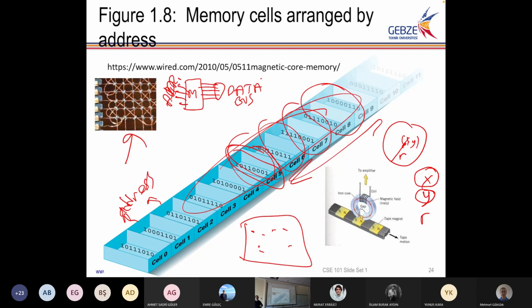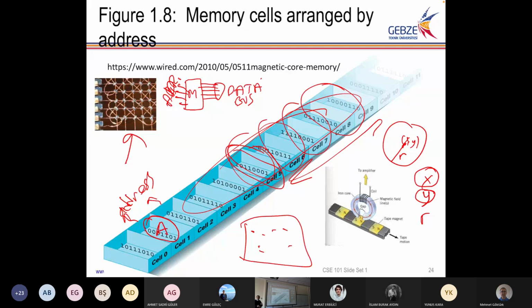So they defined it, and everybody uses it. Each letter has a special binary equivalent. So in each cell, for example this one, letter A is stored. The equivalent of A as a binary number is stored.